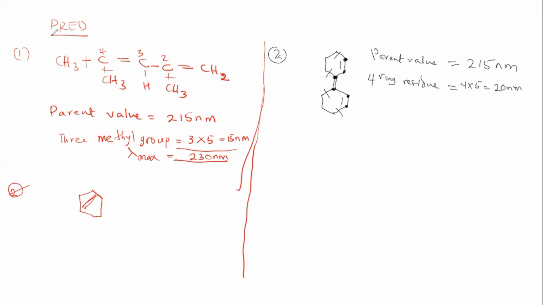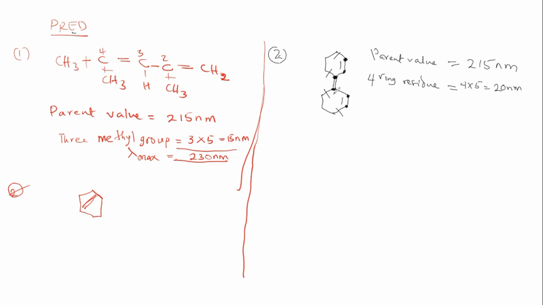Now, the next thing we'll be talking about is an exocyclic double bond. What do you mean by an exocyclic double bond? An exocyclic double bond is a double bond that is connected to a cyclic structure, where one of the double bonded carbons is in the ring.